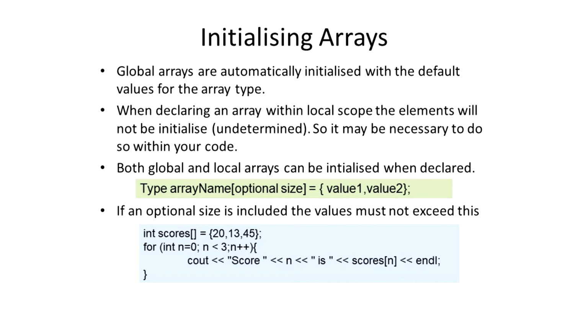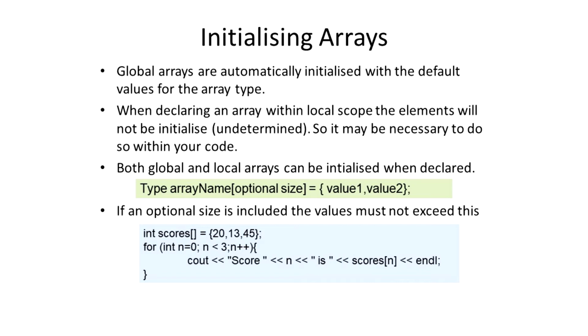This is particularly useful when you know the values for the array elements, because then you can assign them far more efficiently in one pair of braces, as you can see here. You'll see in both the green box and the blue box that you can encase the values within a pair of braces separated by commas.